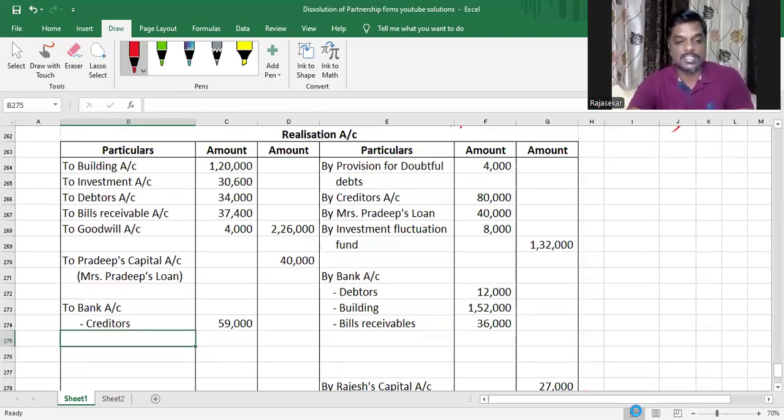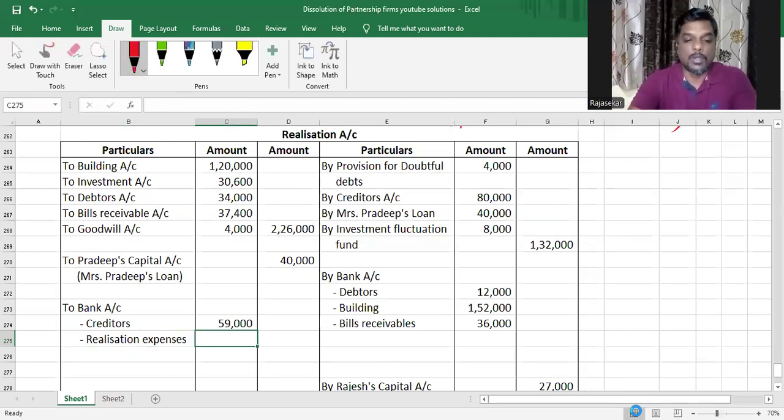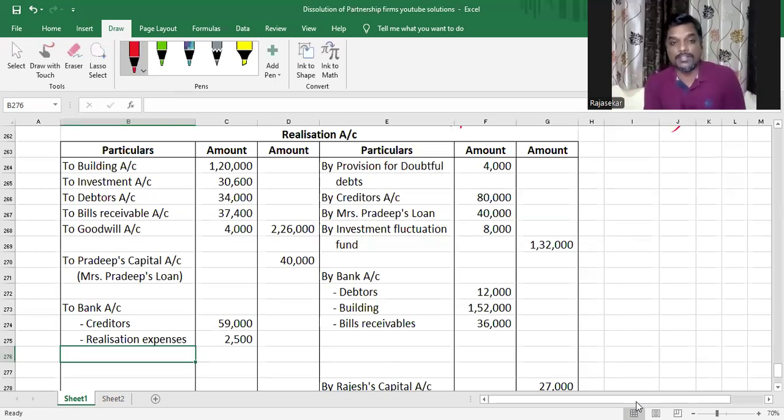He just does the realization work, for which he is paid a remuneration of 1,000 rupees. Understood? So the realization expenses are paid by the firm, borne by the firm. When the expenses are borne by the firm, the journal entry is realization account debit to bank account. Understood or not? So I'm writing to bank.